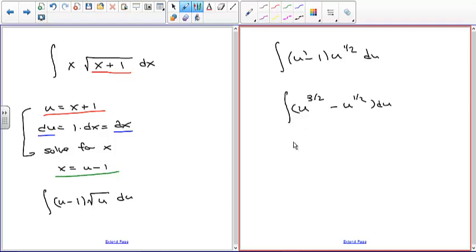So the integral of u to the 3/2 is u to the 5/2, add 1 to the exponent, divide by the new exponent. Here's the same thing, add 1 to the exponent, divide by the new exponent, add your arbitrary constant c. Take the reciprocal of the denominator, so it looks a little nicer.